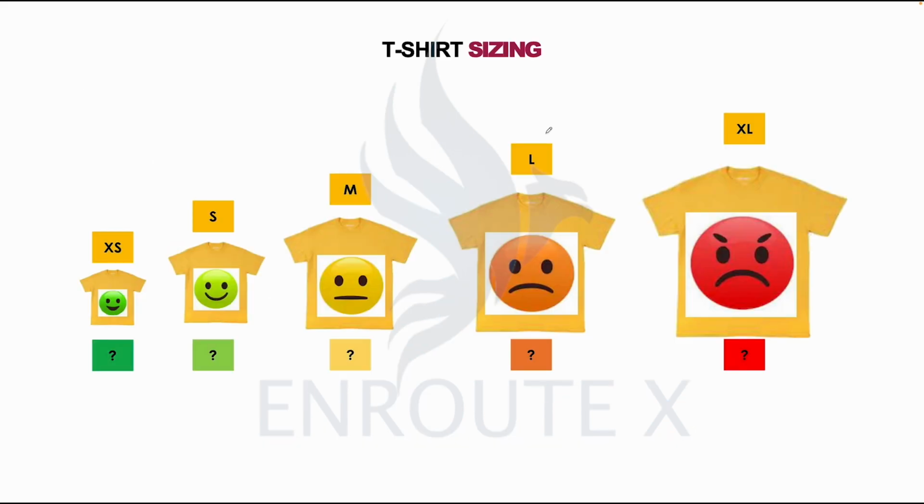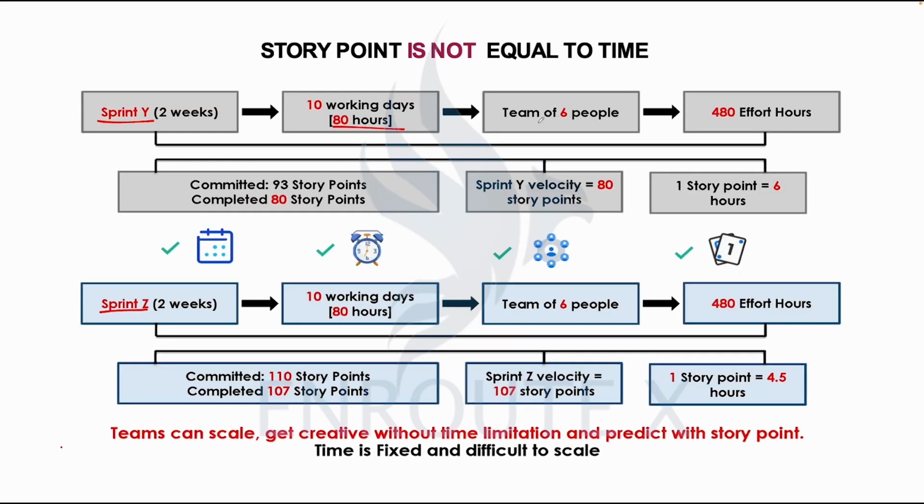And the team members for both are 6, 6 members here, 6 members here. And they both have 80 hours to work, 10 working hours daily and 80 hours in total.